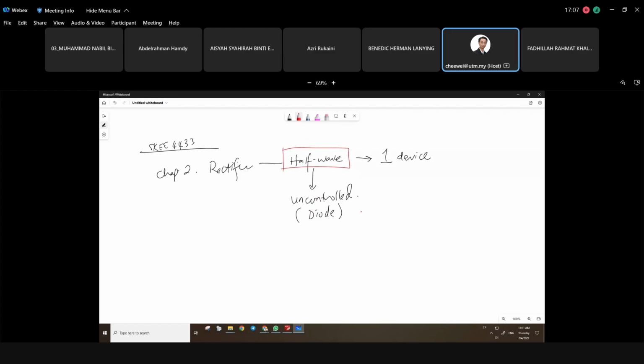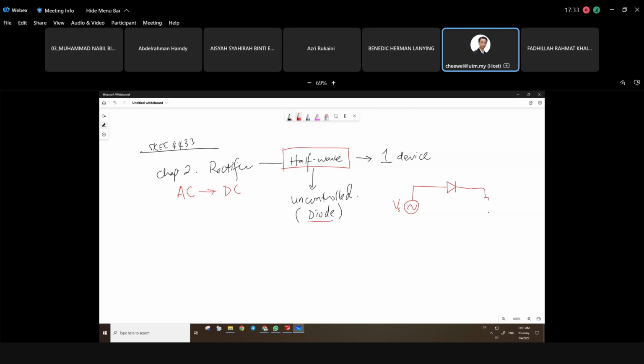First of all, how to draw the circuit of this half wave? We know that a rectifier is actually changing from AC to DC. So the input will be AC, and then it goes through the switch. In this case, the switch would be the uncontrolled diode, and then we have the load.